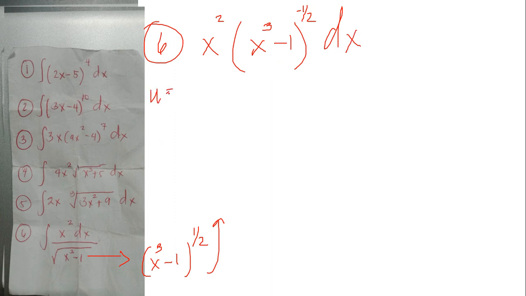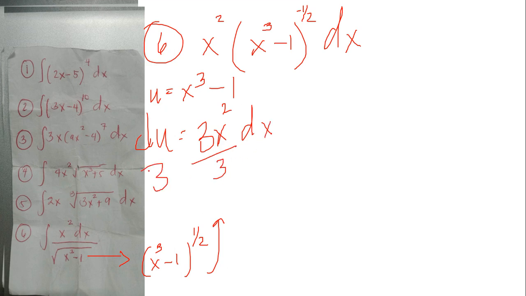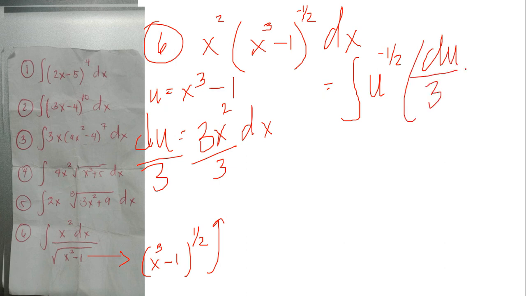Then, yung u natin, of course, yung nasa loob ng quantity, yung du natin dyan is magiging 3x squared dx. Divide mo lang sa 3. So, yung shortest na equation natin, u raised to negative 1 half tapos du all over 3.